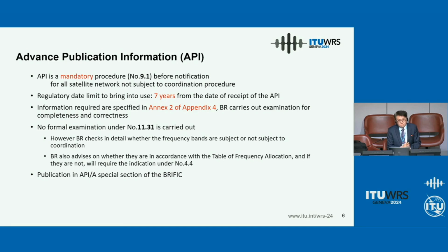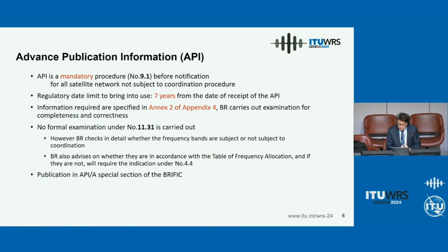Now, in the advance publication stage, there is no formal examination under 11.31. However, the BR checks in detail whether the frequency bands are subject to coordination, to be sure that you are going through the correct procedure and to make sure that the mandatory information is provided.